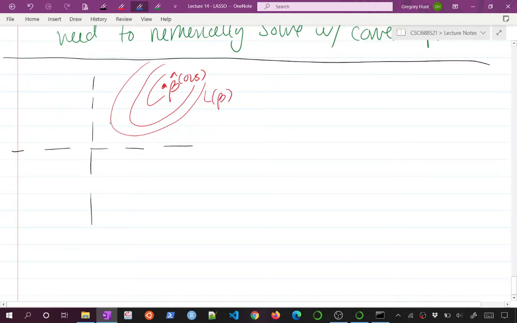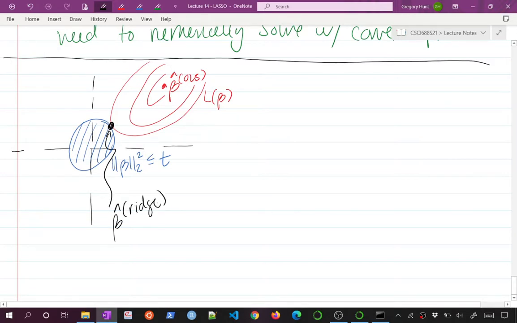And then I had my constraint, the 2 norm of beta squared less than or equal to some threshold t, which said I want to live in this set. And this right here would be my beta hat ridge. It would be the closest beta hat to the OLS beta hat that lives in that blue disk. So this is ridge.